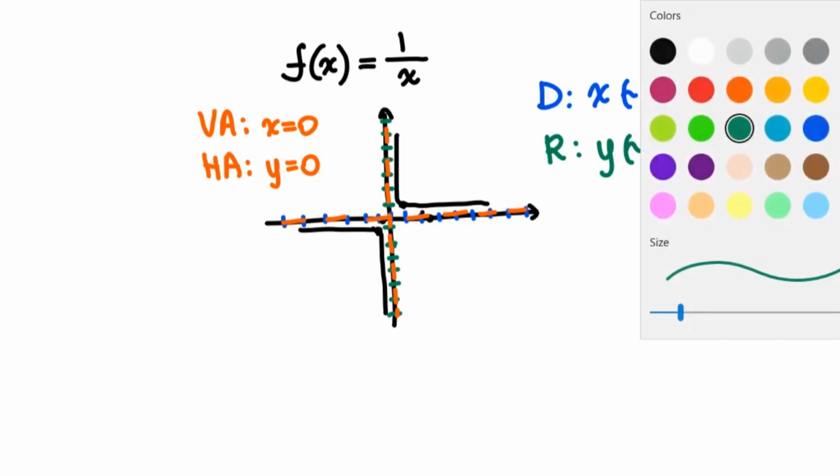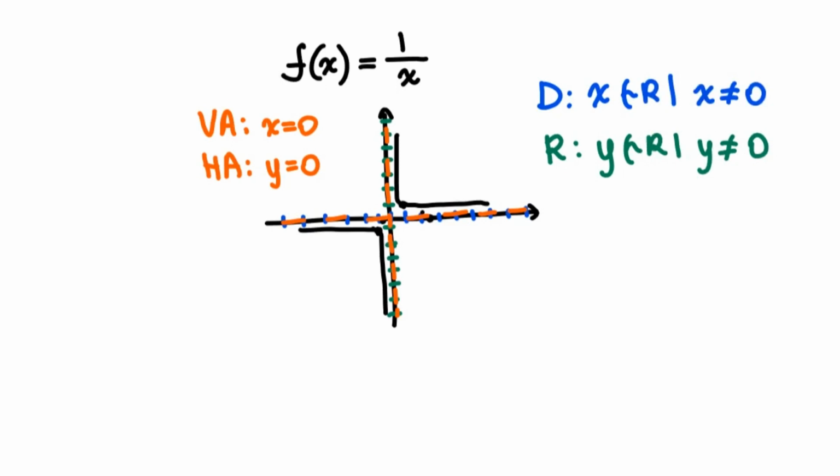And if I wanted to state the same domain and range using the interval notation, I would have to go from negative infinity to the asymptote, excluding the asymptote because at the asymptote the function is undefined, in union with from the asymptote to positive infinity.